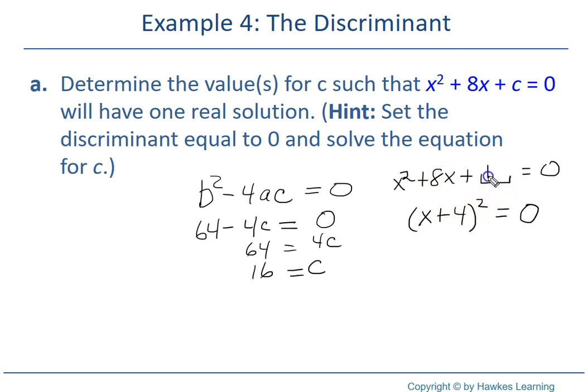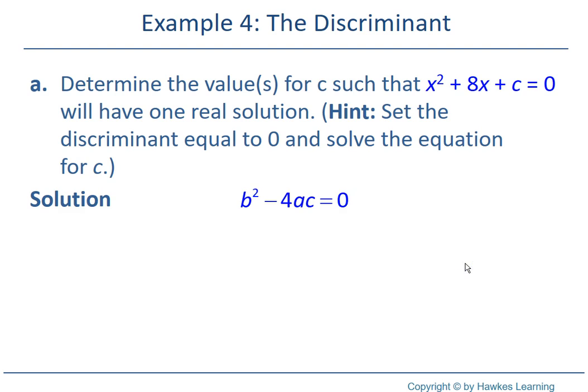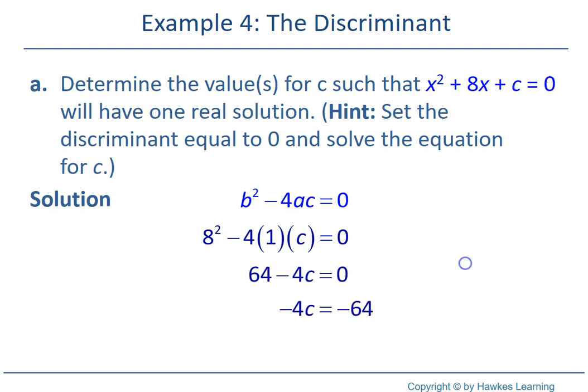Squaring this gives us the 16. So that's another way to figure it out. I don't know if they're going to show us this way. This is what they're suggesting. There's what they suggested. And they get 16. Okay.